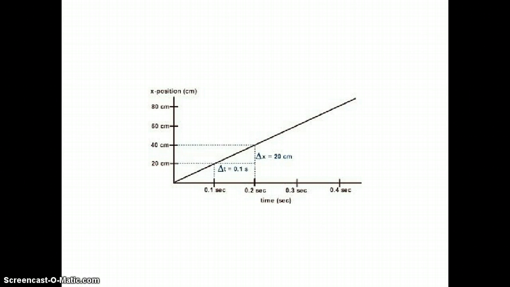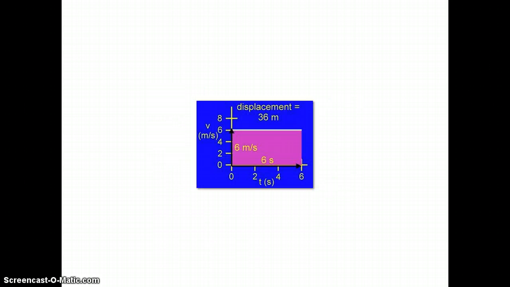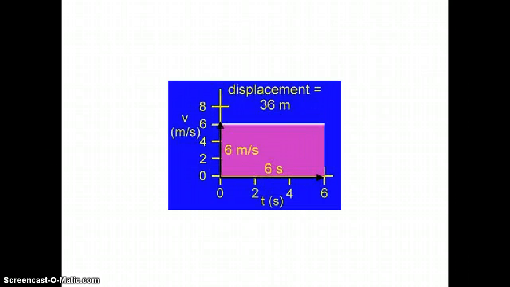Alright, now I'm going to discuss how displacement and position affect our little car. Basically, the difference between displacement and position is shown by the area under the velocity graph, like this one. It shows how it moved from point A, where it began, to point B, where it ended.